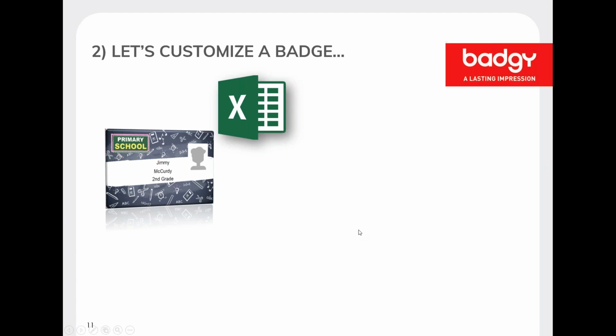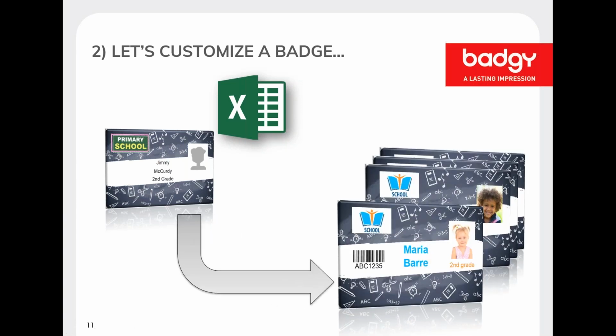In my example, I want to identify the children of a school, so I will create one badge per child. But I could also create badges for employees or for other categories, like described previously by Audrey. So let's start with Badge Studio.